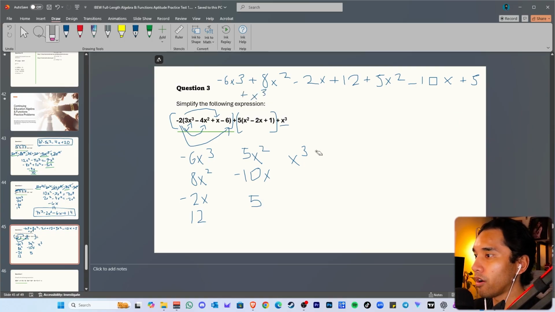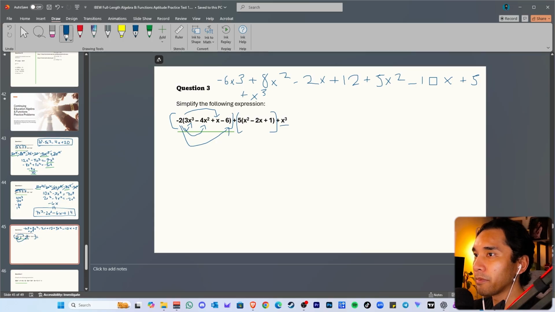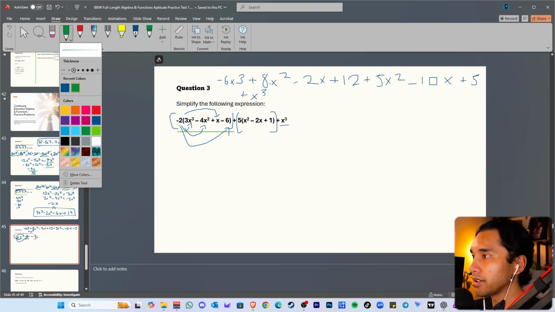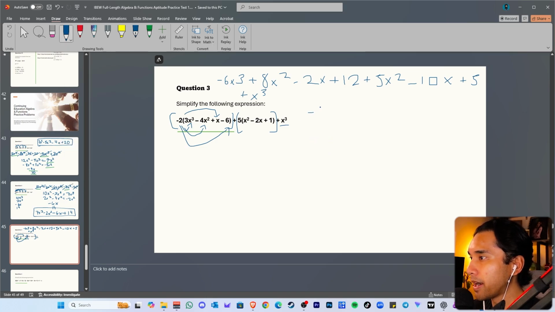Okay, we have all that written down. What will we do now? We're going to combine like terms. I'm going to get my favorite color here. And we're going to use that when we cross out. So minus 6x cubed. What can that be combined with? Nothing except for that plus x cubed.